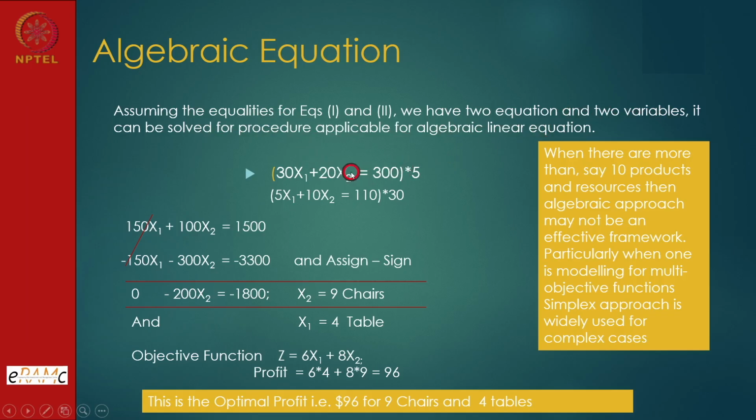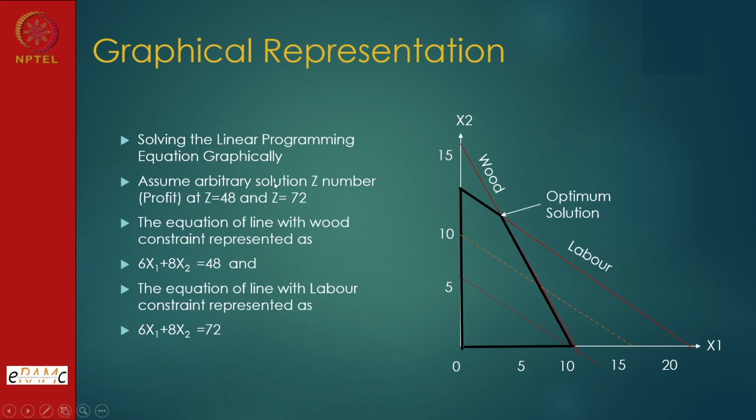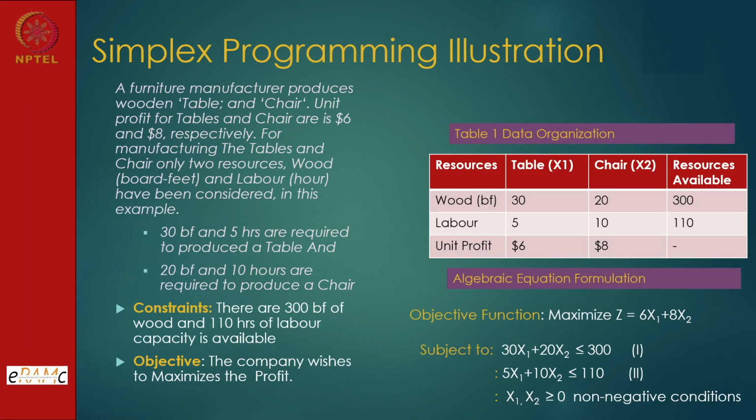If we put an equals sign, this is the routine procedure for solving algebraic equations: 30x1 plus 20x2 is 300, and 5x1 plus 10x2 is 110.